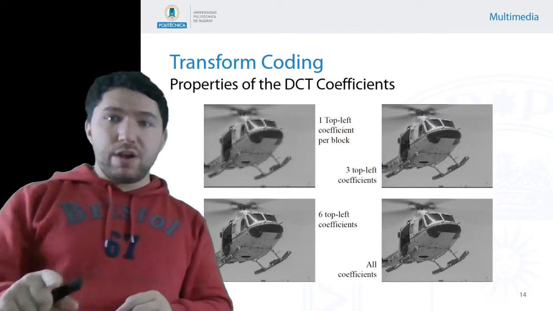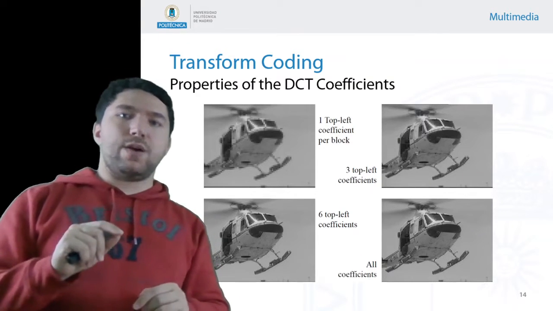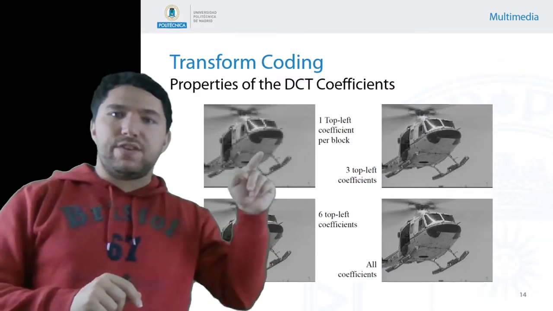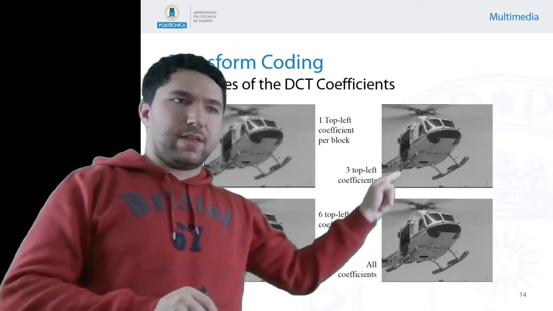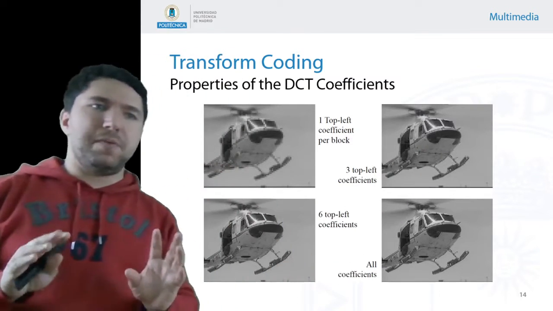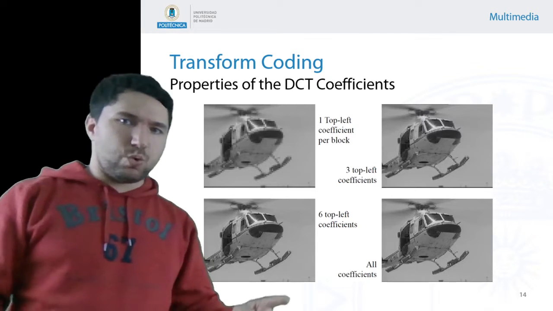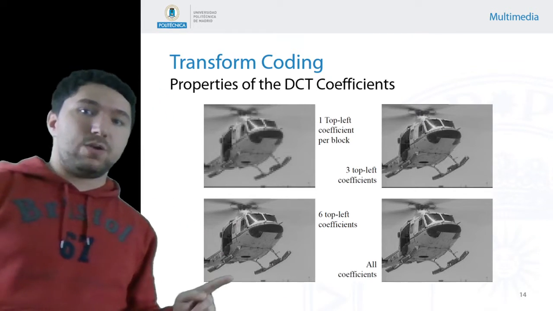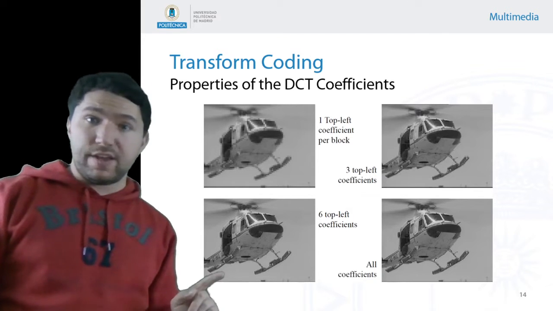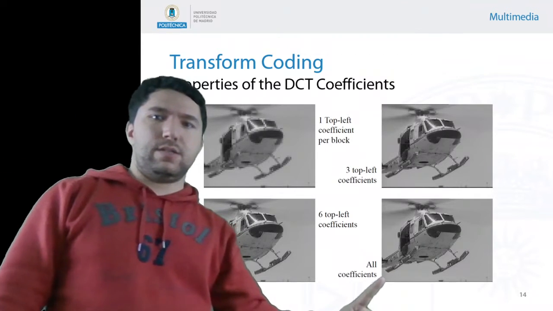If I keep three coefficients, the one of the corner and the two adjacent ones, I get something like this. It is still a little bit blurry, but it's not that bad. If I keep six coefficients, I have something like this, which is visually quite the same as this.